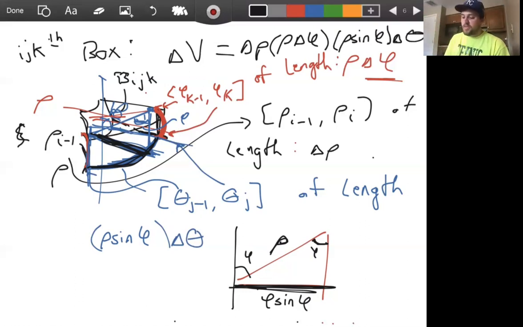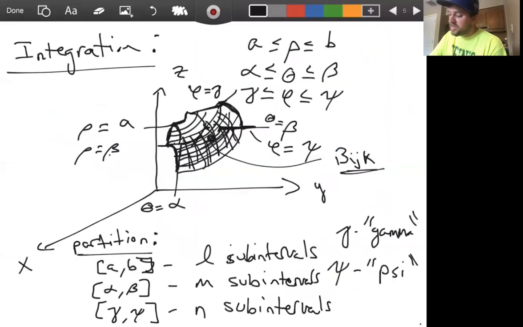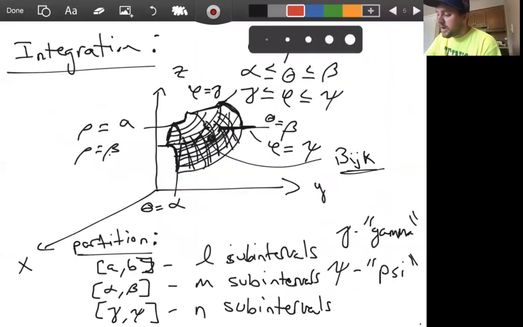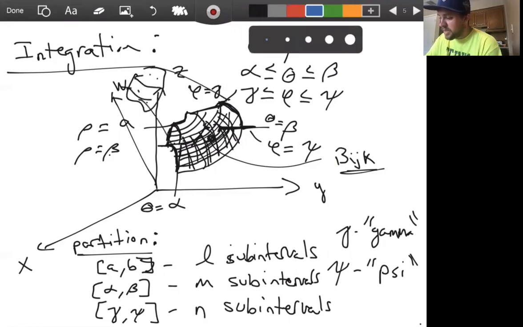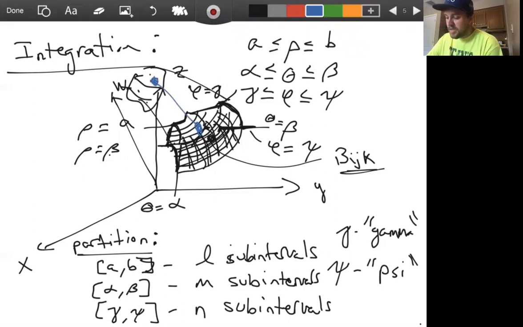This gives us the volume of the ijkth box. And then remember, what is the integral doing? Well, we have some fourth spatial dimension w. We're looking at how the hypersurface behaves over this box, and we take the volume of the box times this height to get the volume of the four-dimensional solid.